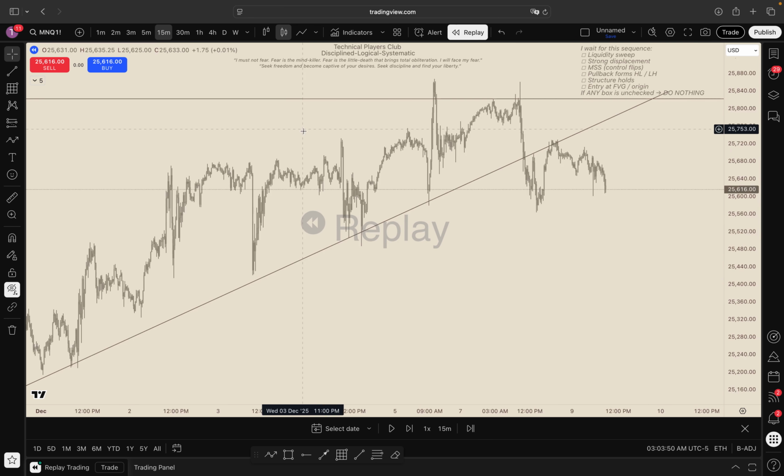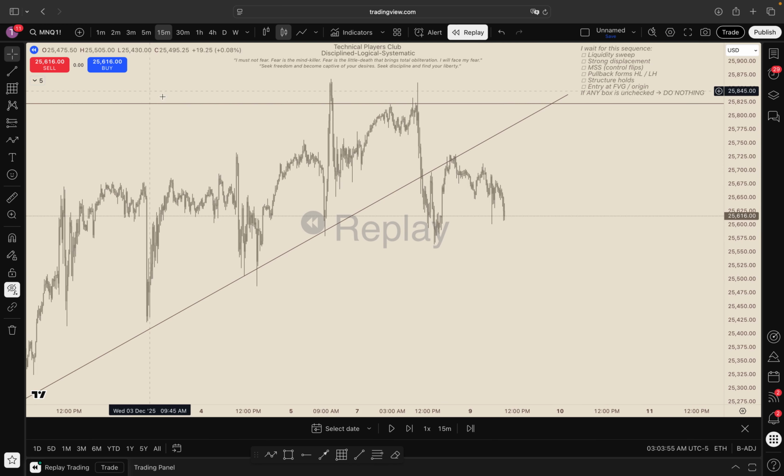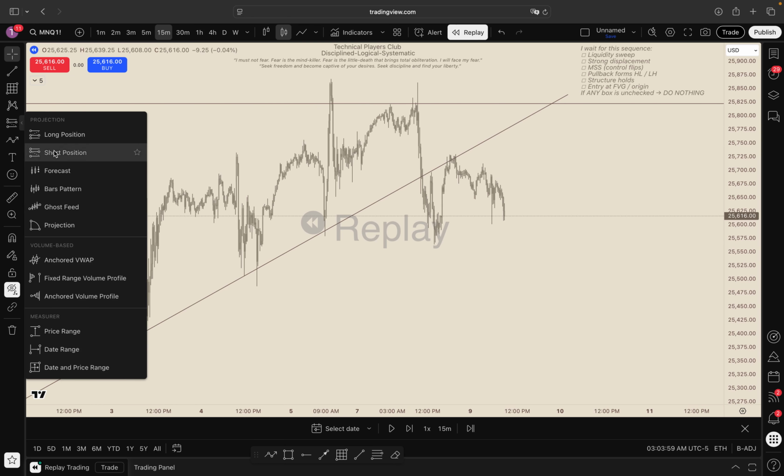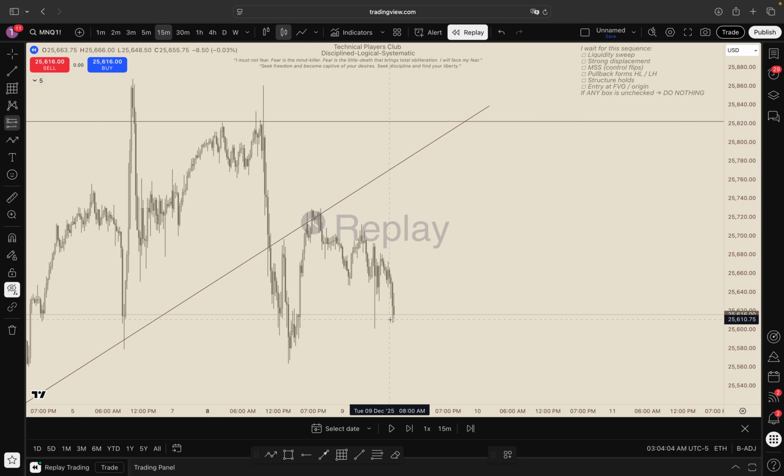Something I want to also take note of. This is not actually in my trading style, but let me not say that. It is in my trading style because my trading style is a combination of smart money concepts, ICT concepts, and Stacy Burke trading strategy. So as you can see, the market shifted here and it pumped and it's coiling now, right?